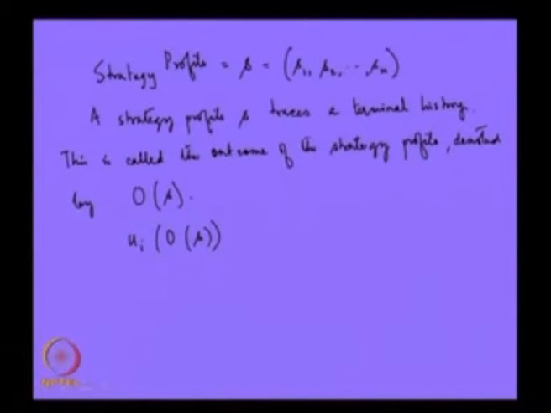This will give me a number which represents the preference of player i with respect to this outcome, which is being generated by this strategy profile. And we shall assume that we are having an ordinal preference. So, that is why I have written small u. Now, this is the setting.